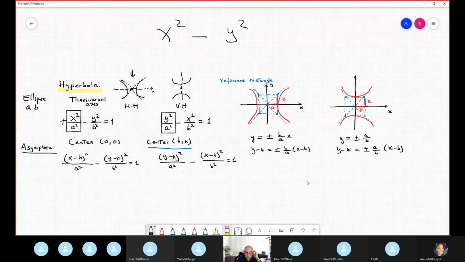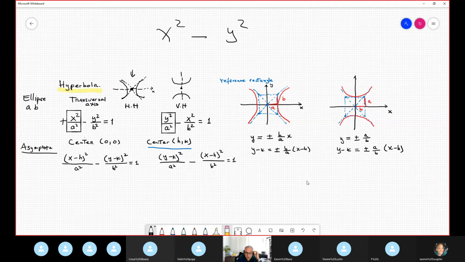Otherwise, when y is positive, the axis of transversal is parallel to the y-axis. And finally, the detail is making the graph of the asymptote.